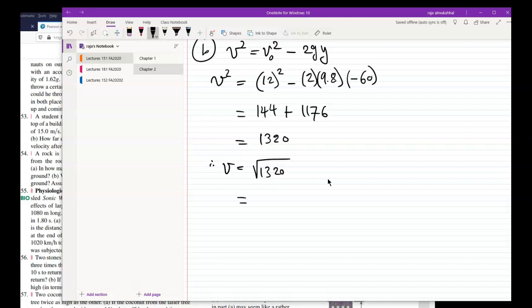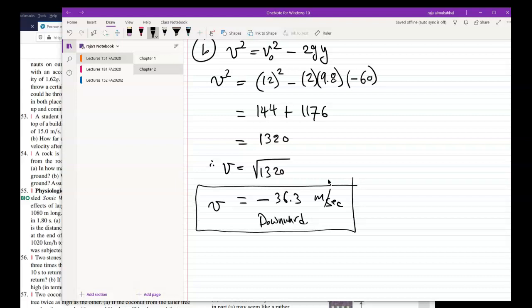And since the velocity here is downward, I'm going to impose that negative sign. And so that answer is going to be negative 36.3 meters per second, pointing downward. Okay. And I think that should be good enough.